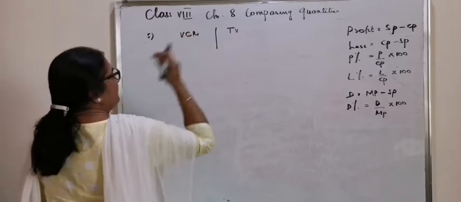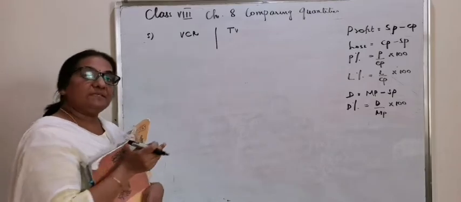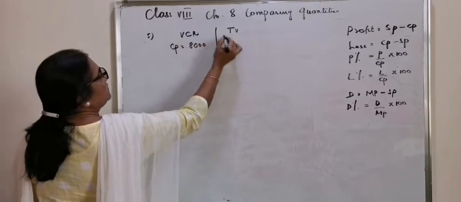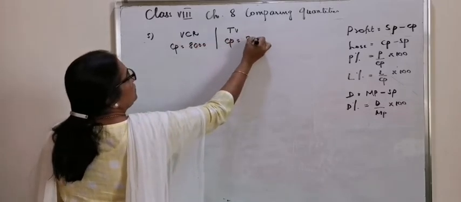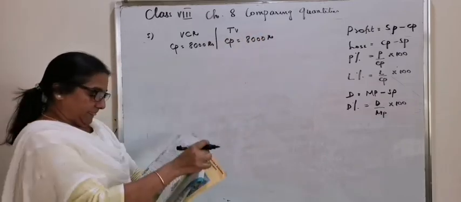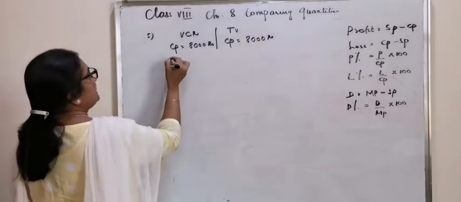VCR and TV. A VCR and TV were bought for rupees 8,000. That means the cost price is 8,000. TV also, the cost price is 8,000 rupees. The shopkeeper made a loss of 4% on the VCR.